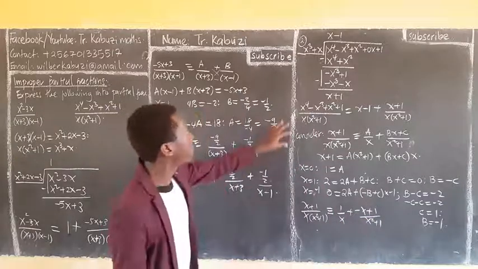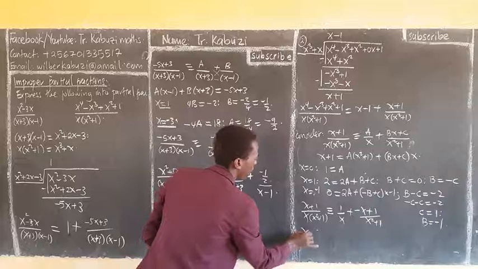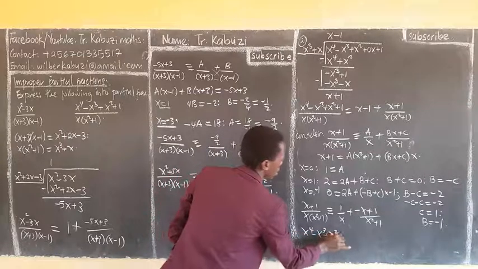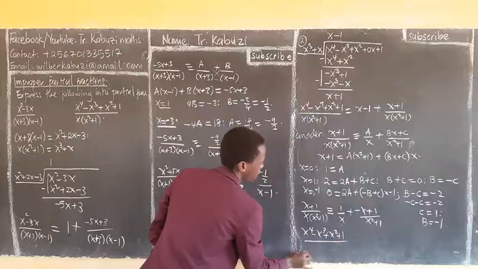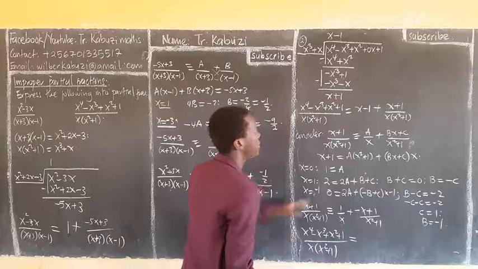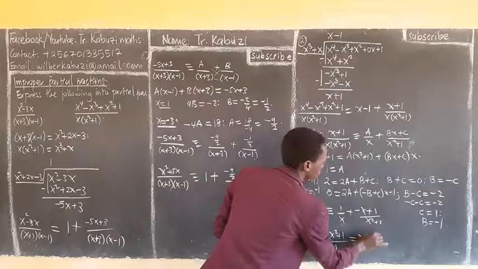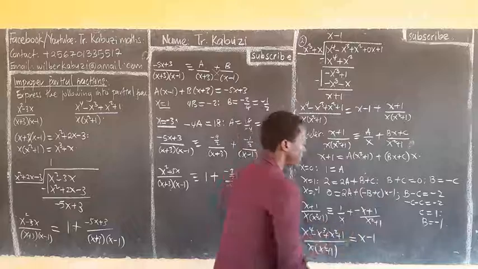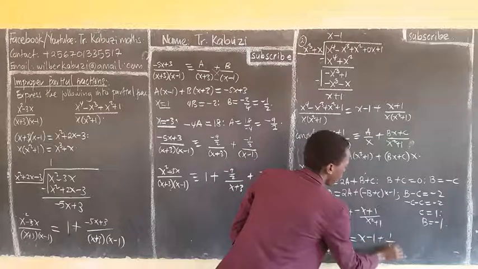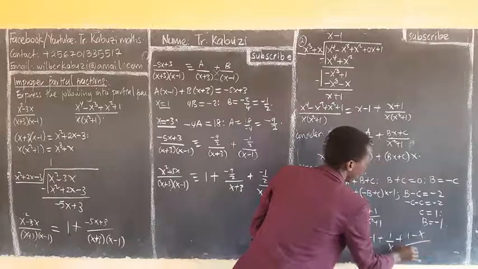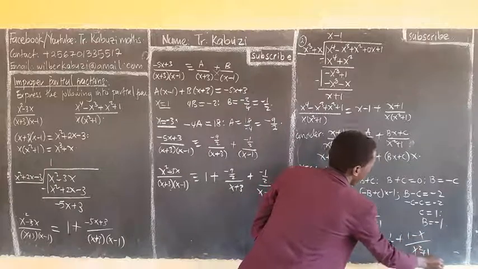Now writing the whole of this, it's going to be x power 4 over the whole, equaling to this. Then we say that the whole of this now is this plus 1 over x, then plus 1 minus x over x squared plus 1.